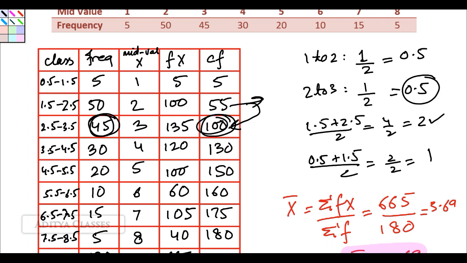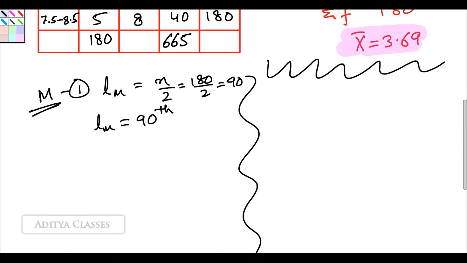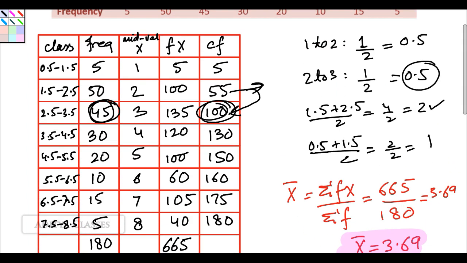So 90th location has just passed in this class. So definitely your 90 is hiding somewhere in this. This will be my median class.